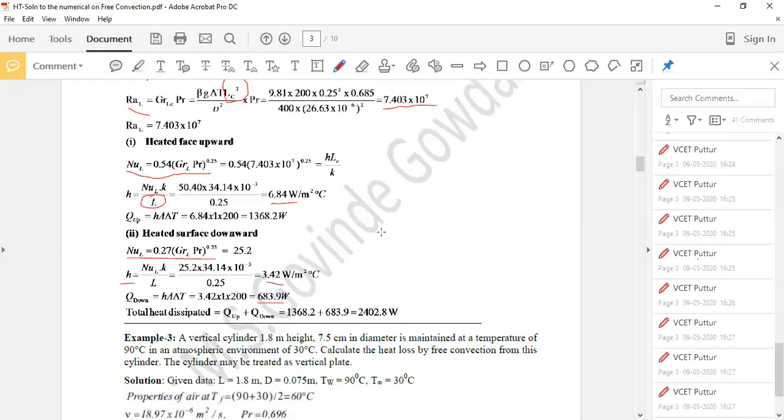Whereas when the heated surface is facing down, the heated particles will slide along the plate, but the cold particles rushing over there, and the heated or warmed up particles will not move very easily.